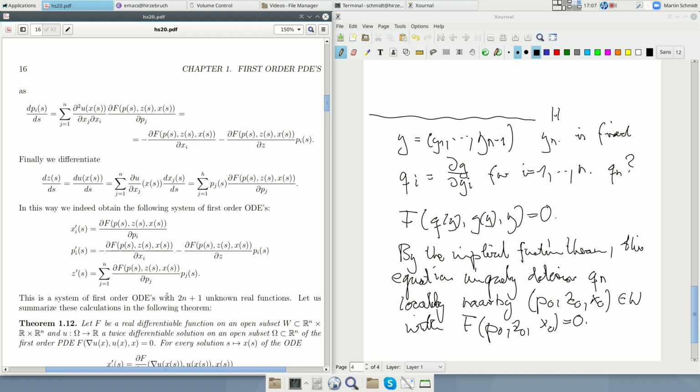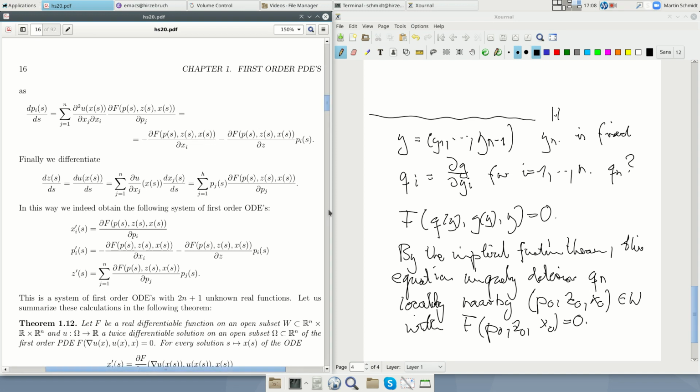Given any solution, we find this ODE system, and it has the great advantage that it doesn't depend on the solution at all. So if we have corresponding initial values, we can locally solve this ODE system.